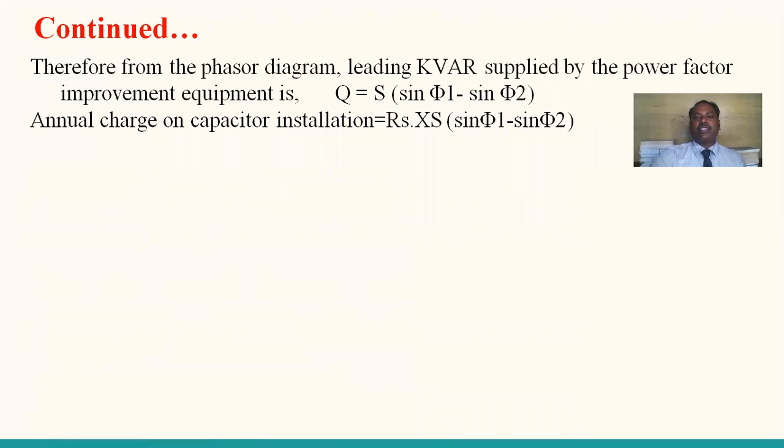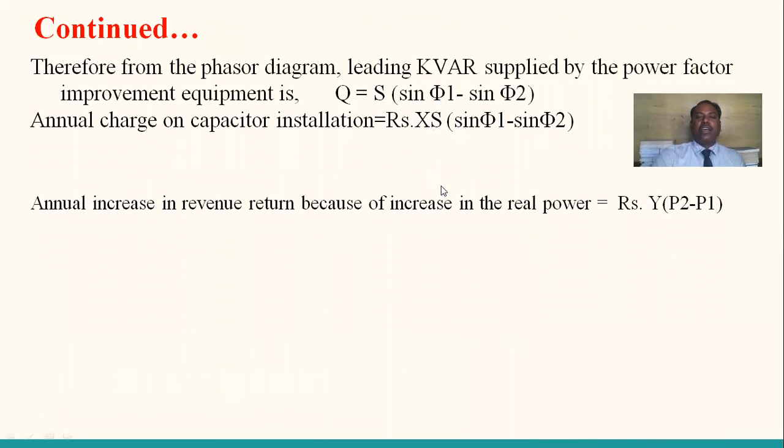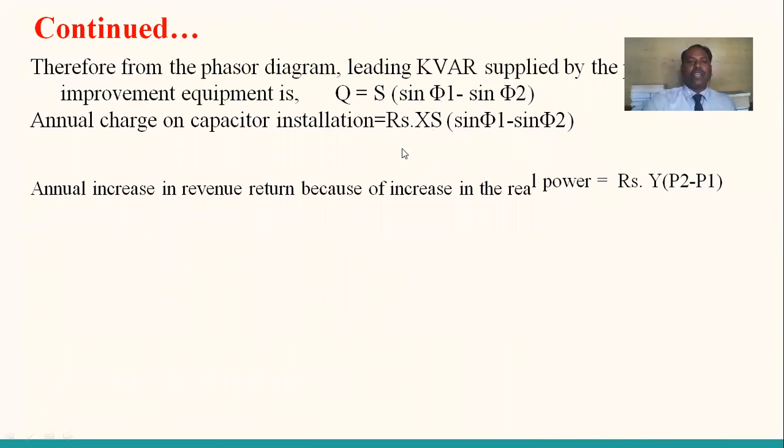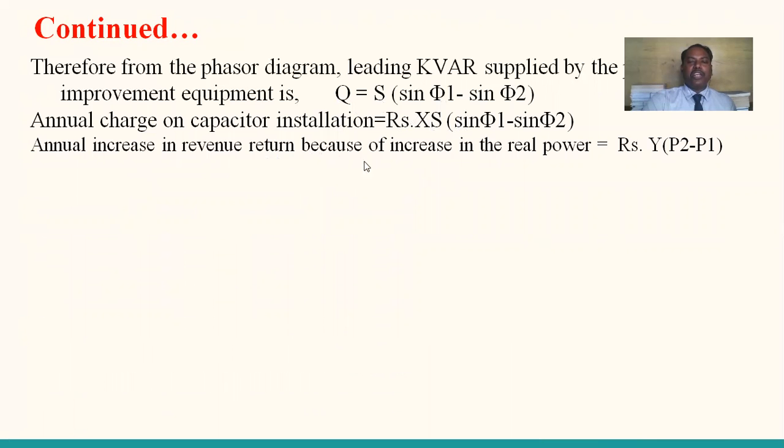Annual charges on capacitor installation, at rupees X per kVAr, is X into S into (sin phi 1 minus sin phi 2). Annual increase in revenue return because of the increase in real power is rupees Y into (P2 minus P1).